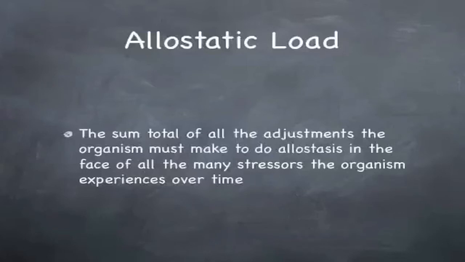And as a result, that person has a fairly low allostatic load. So you can kind of look around and say, oh, there's a guy with a really high allostatic load, or there's a guy with a really low allostatic load, and you can think about your own allostatic load and how it varies over time.